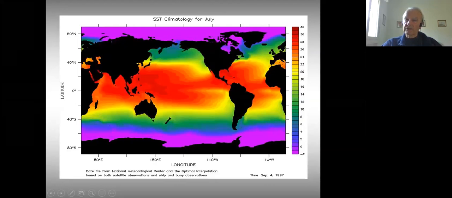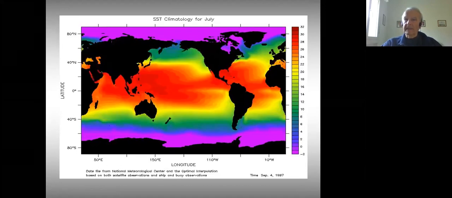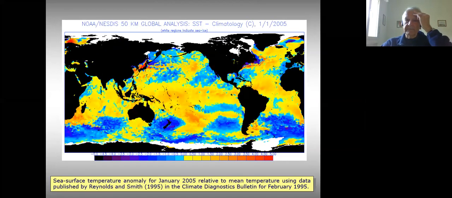The same thing for July, more or less. You see there are slight changes simply because of the differences between the northern and southern hemisphere and the northern and southern winter. But essentially the pattern is this one, okay? And here is the sea surface temperature anomaly, for example.